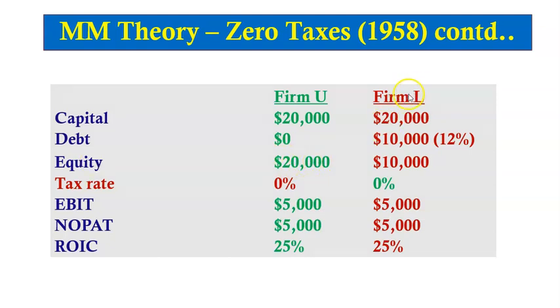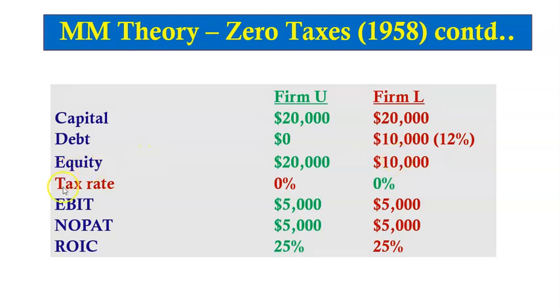Firm L, which is a leveraged firm, has $10,000 in debt that pays 12% interest, and then equity of $10,000. So firm L, the leveraged firm, is 50% equity and 50% debt financed.